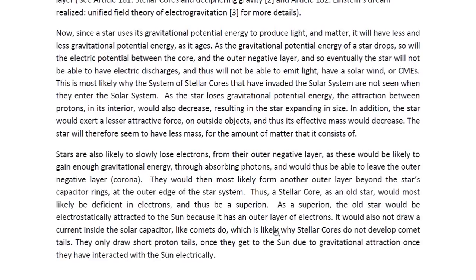Stars are also likely to lose electrons from their outer negative layer, as these would be likely to gain enough gravitational energy through absorbing photons and would thus be able to leave the outer negative layer or corona of the star. They would then most likely form another outer layer beyond the star's capacitor rings at the outer edge of the star system.